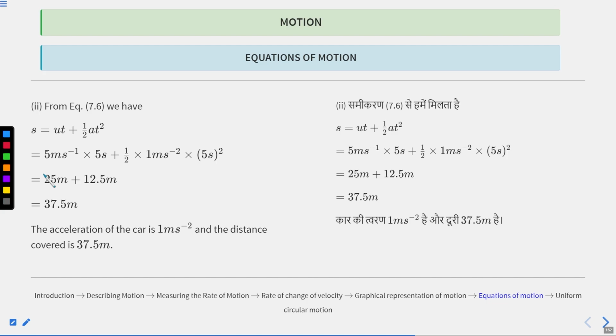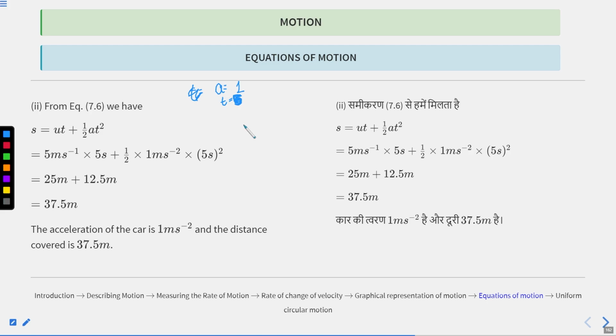This question we are solving using the second equation. You can again solve it by using the third equation. The second equation is convenient as acceleration is 1 and time is 5 seconds. So these are simple values to solve.